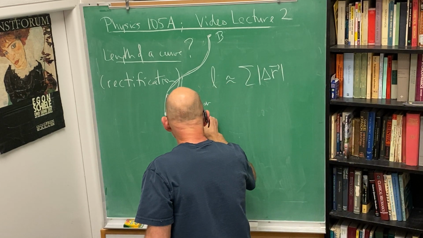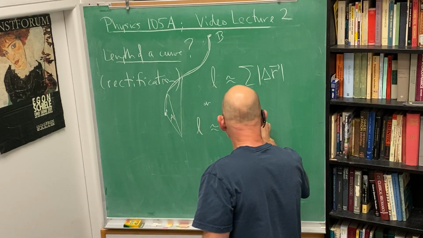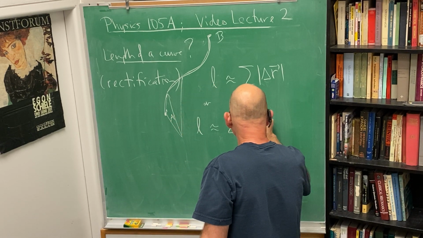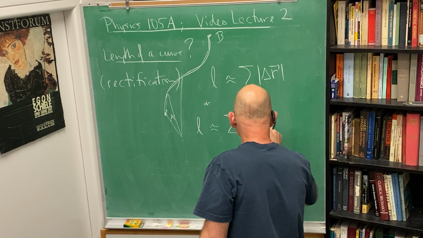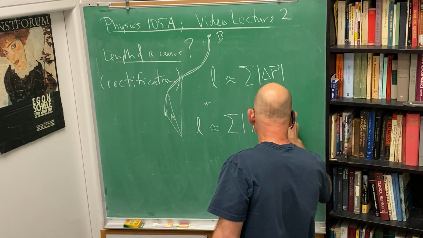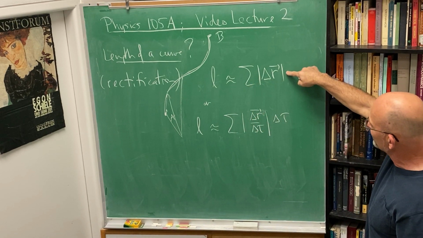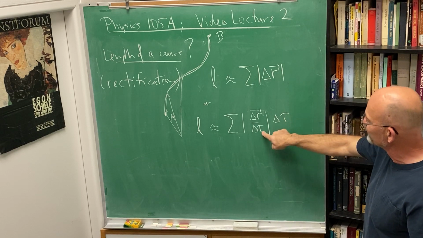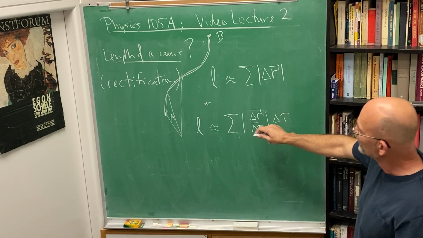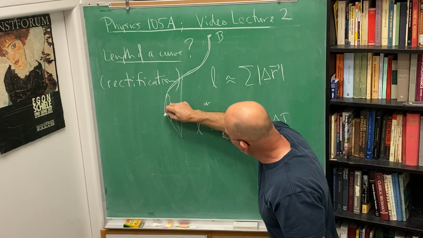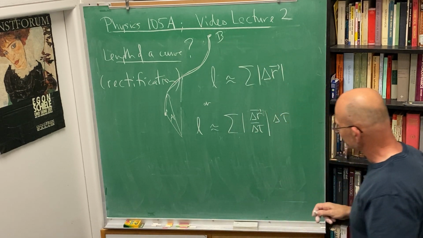And therefore, you could say L is approximately the sum of the magnitude of delta r over delta tau times delta tau. So that's actually the same expression as this, except I multiplied and divided by a delta tau. Well, tau is the parameter for the parametrization of this curve.